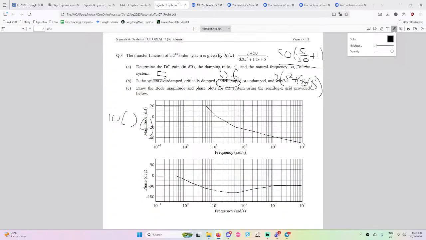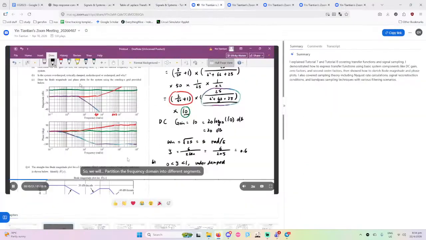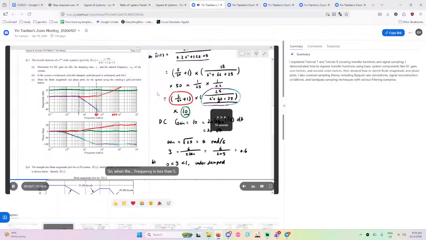Okay, and now in the last step, we need to do the summation. So we will partition the frequency domain.